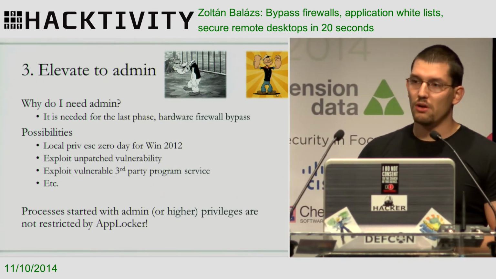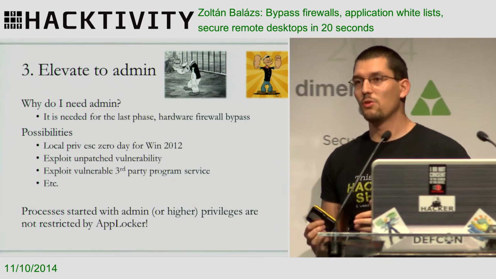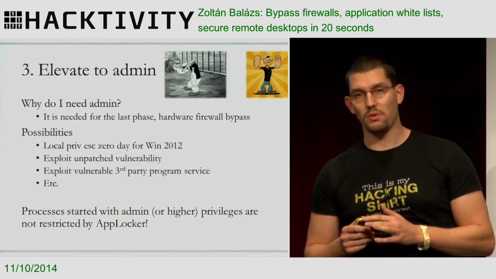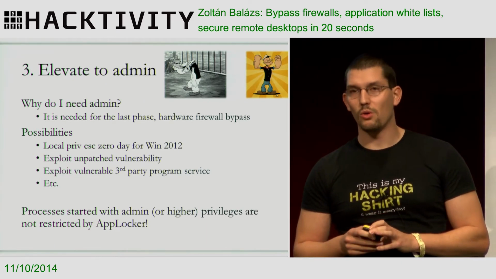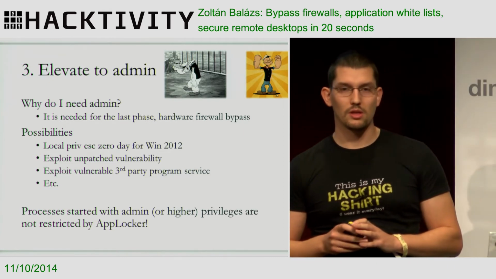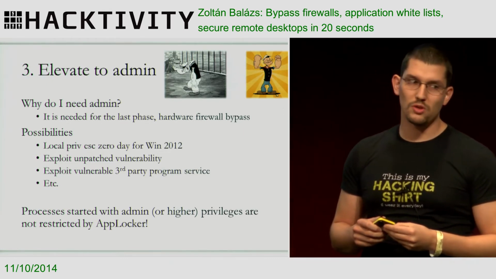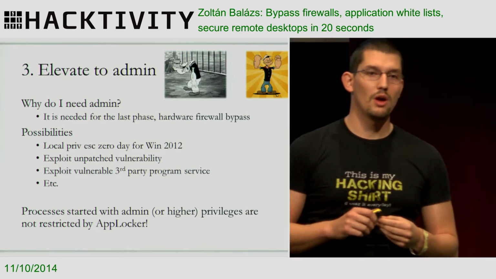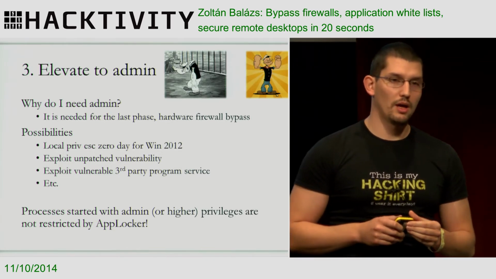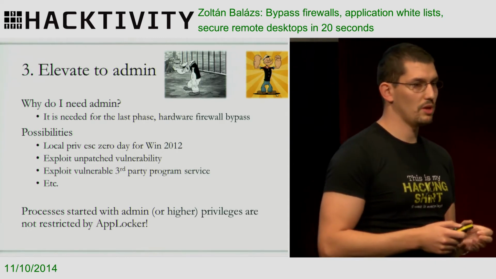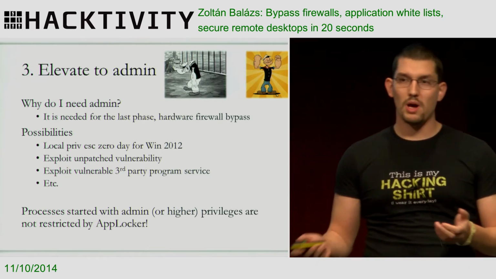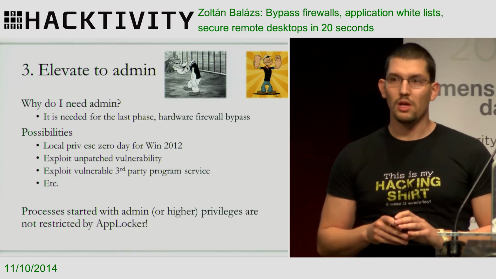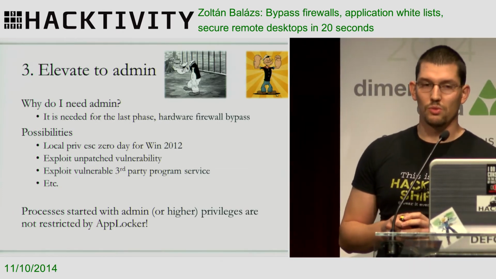But there are also, you might find a new one and use that to escalate your privileges from user to admin, or you can just exploit any unpatched vulnerability, or usually the easiest way is to find a third-party module and use that to escalate your privileges. And in my case, I have chosen a vulnerable third-party service to do that.